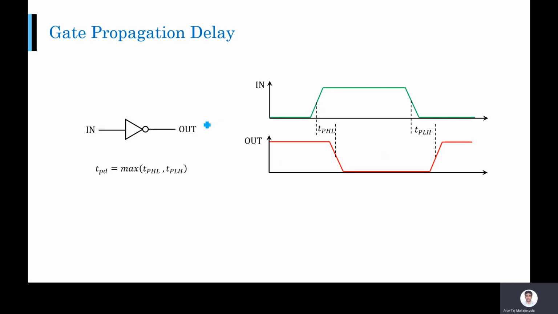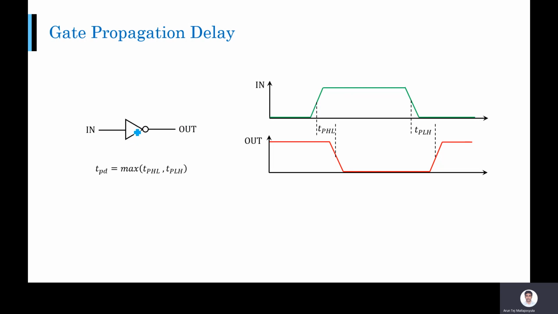Before we do that, let me talk a little bit briefly about something called a gate propagation delay. Suppose you have an inverter. It has transistors and some semiconductor devices inside, and when you change your input from one value to another, the transistors have to switch.